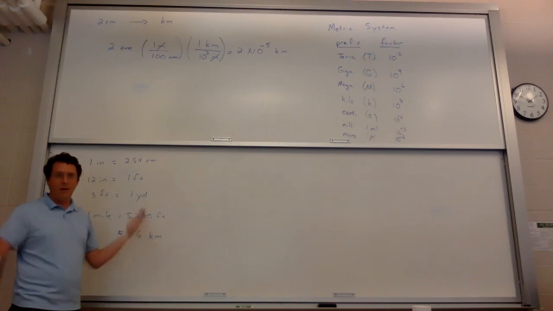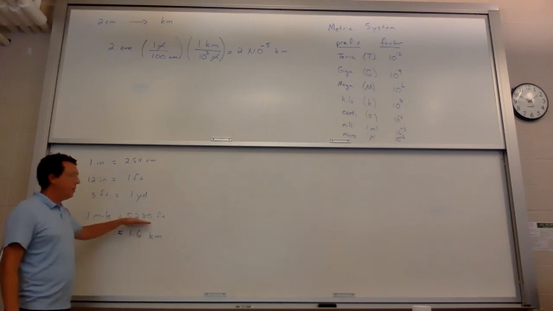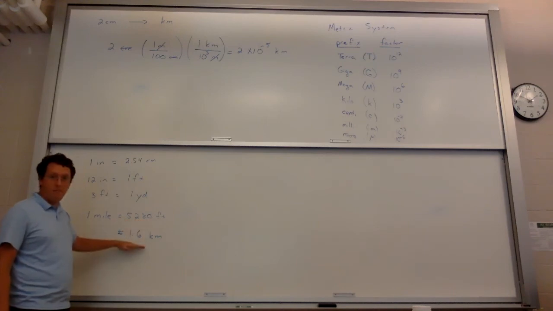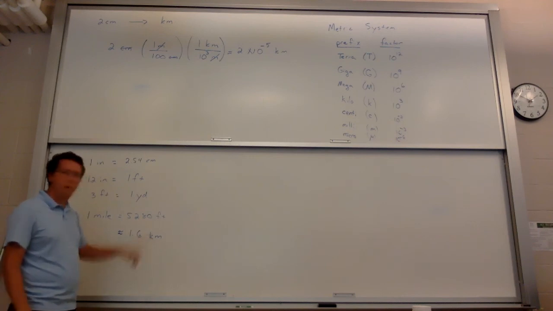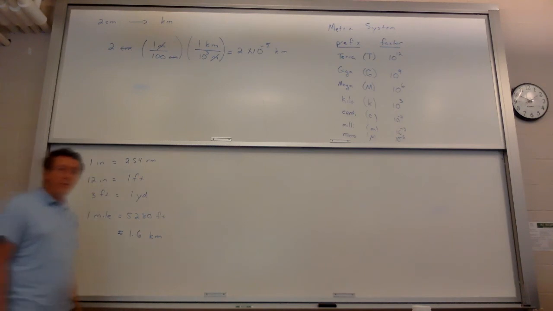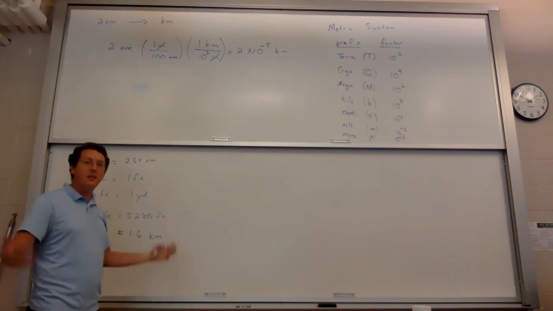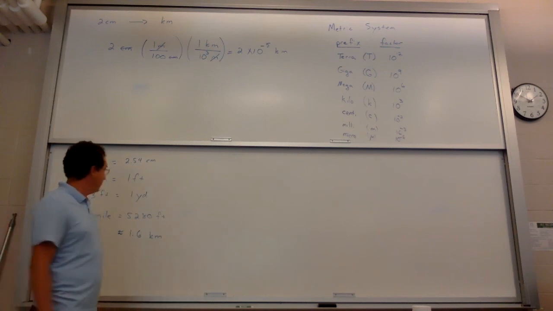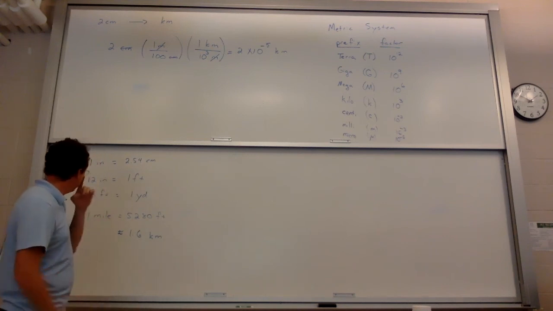There's no reason to carry out so many digits. When doing homework on Sapling, you will need to use a more precise conversion. I think 1.609 is the more precise one. These are ones that you should know. Really, every scientifically trained person should know these length conversion factors.